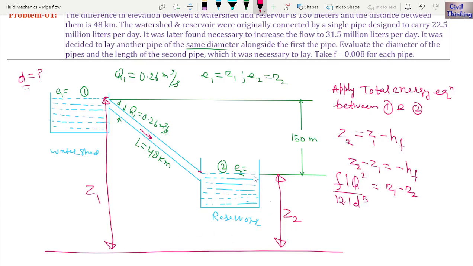Now this is Z2, right? Up to this point. So when I connect it like this, this was Z1 and Z2 is from here to here, right? So Z1 minus Z2 is this part, right? From here up to here, this is Z1 minus Z2, which is 150 meters, right?